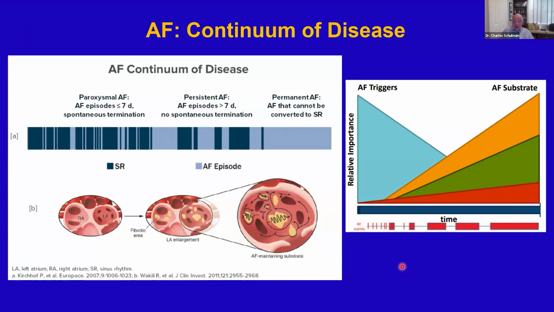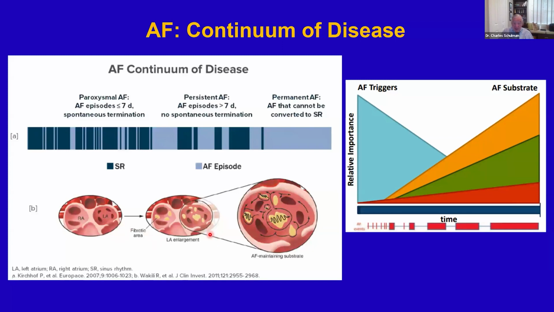Consider atrial fibrillation as a continuum of disease. That is, in the beginning, there are episodes, short episodes, becoming longer episodes, becoming permanent AFib. At least in part because of remodeling that occurs in the left atrium.